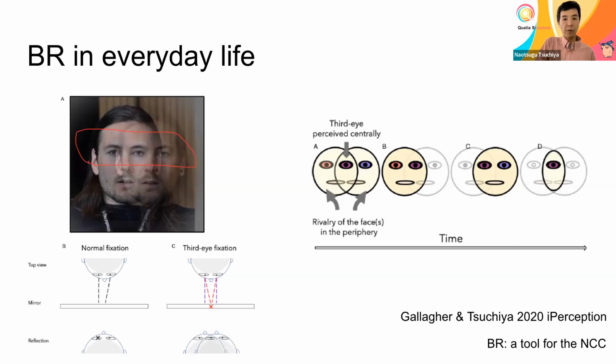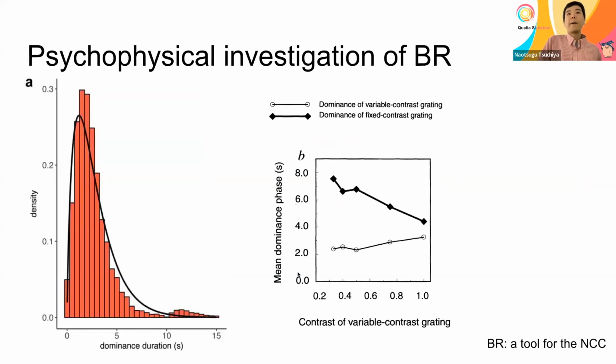We called it third eye rivalry. So this means that binocular rivalry happens in natural life, and it's not an artificial thing.